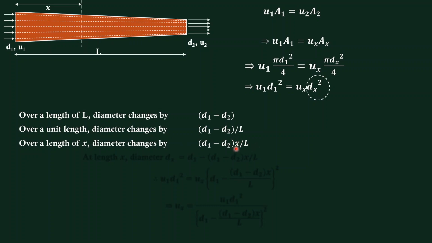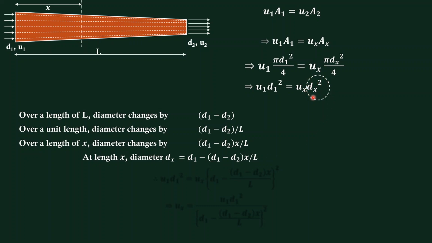That means at any distance x, the diameter will be given by dx equals d1, the original diameter here, minus whatever is the change over a distance x, which is this quantity: d1 minus d2 divided by L multiplied by x. Okay, so we have found an expression for dx.